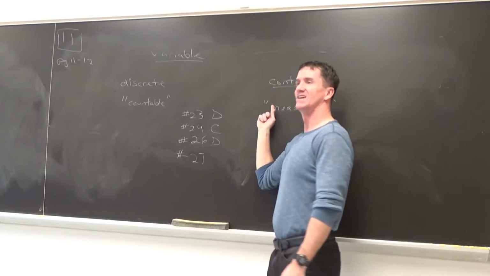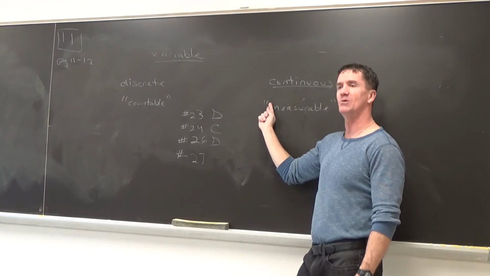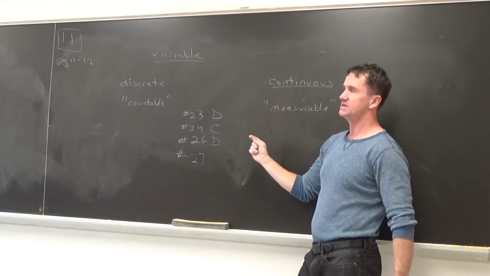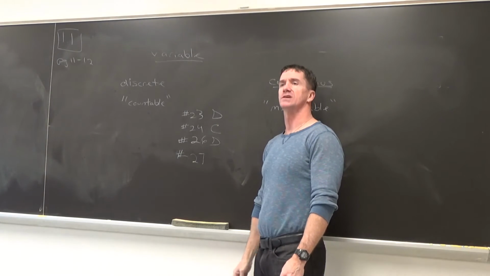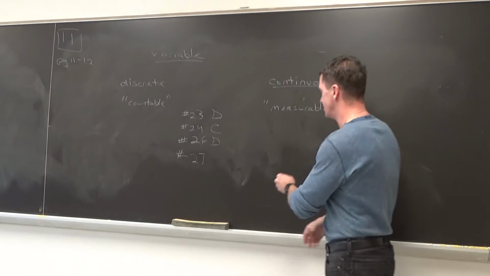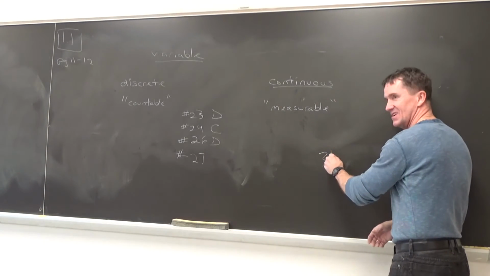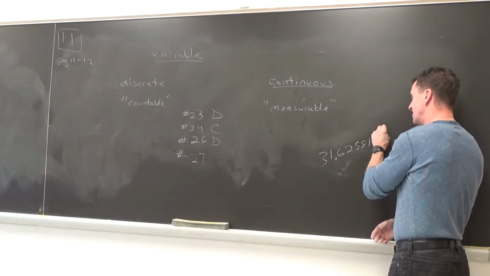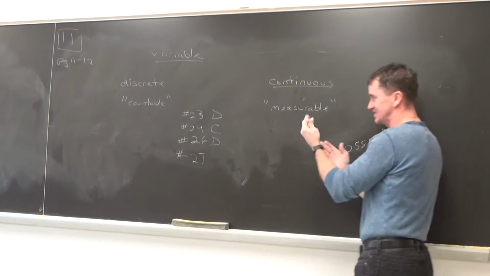Tia, excellent. The temperature on a randomly selected day, we don't count that, right? That's something we measure. Right now, it's 31.62 degrees out there Fahrenheit, right? We say it's 31 degrees Fahrenheit, but it's really something like 31.62581 degrees Fahrenheit.